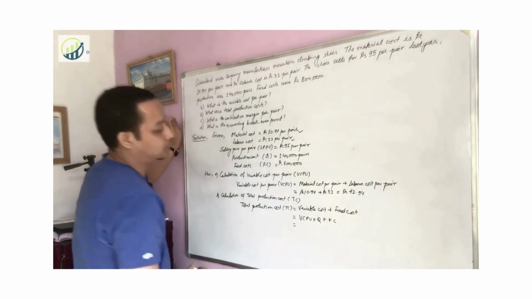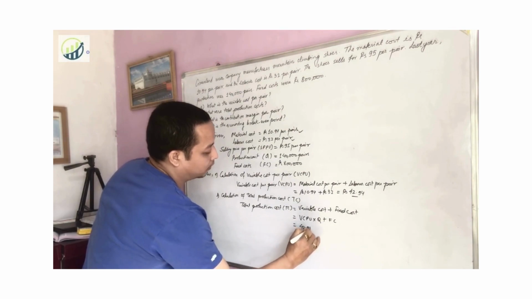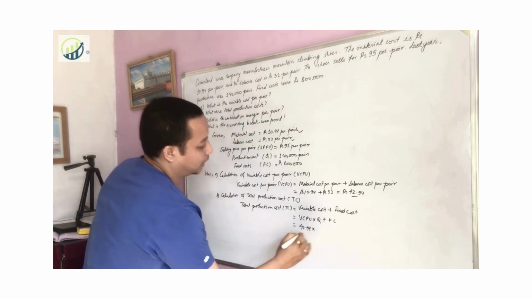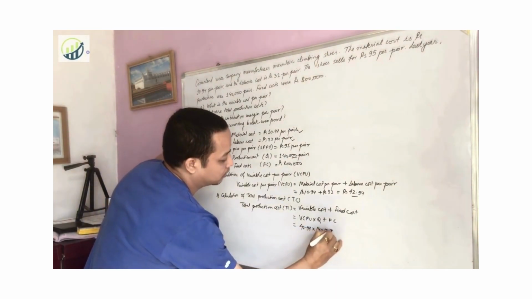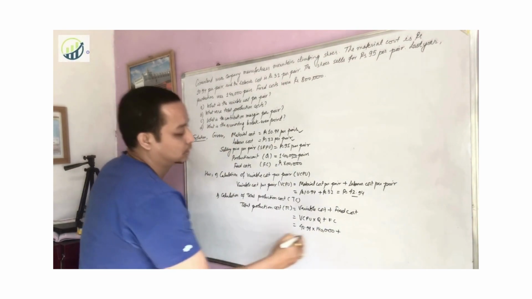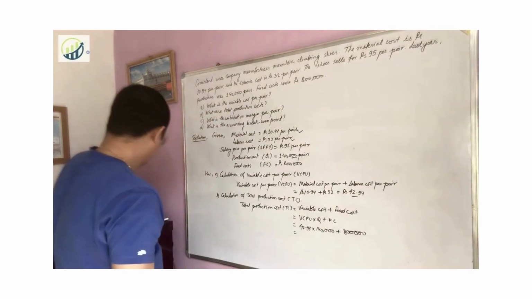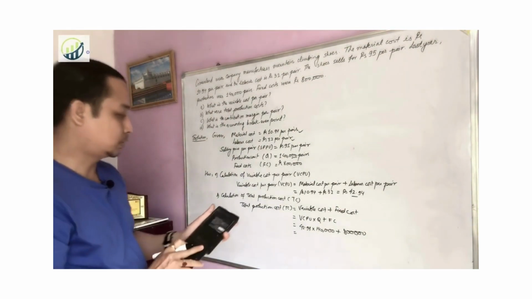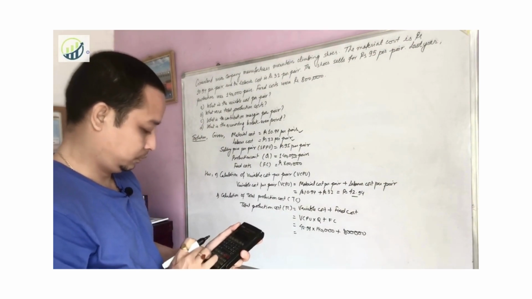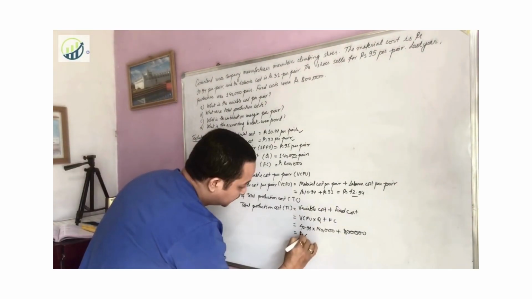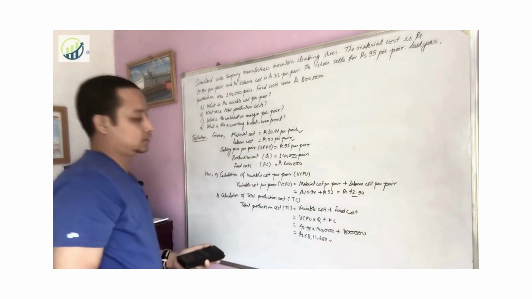Here variable cost per unit is 42.94 per pair, and quantity produced is 1,40,000, plus fixed cost of 8 lakh. So what will be the value of total production cost? It's rupees 68 lakh 11,600. So this is the total production cost.